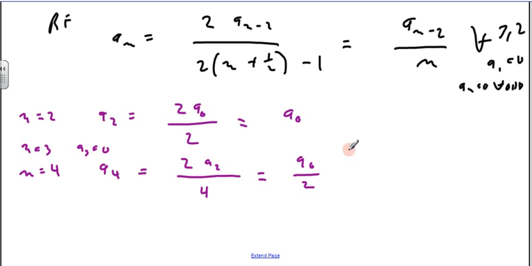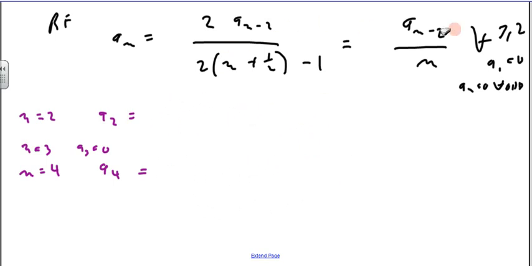Oh well, let's try again. We're looking at two different formulas and trying to get the same thing. So we're going to go and look at this guy always. So a2 is equal to a0 over 2.